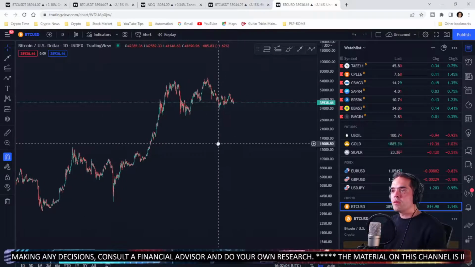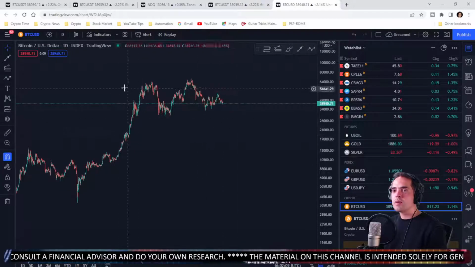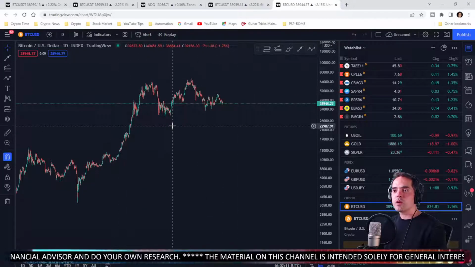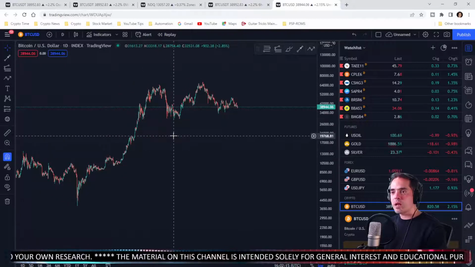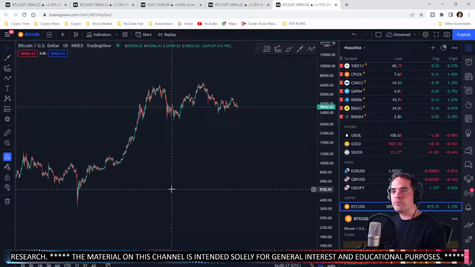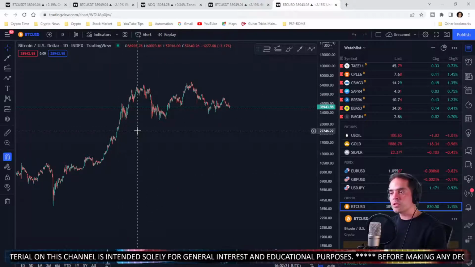So the first thing I want to show is how the tool looks like. You can find that tool for free in every single trading platform. I'm using TradingView. You can find that in a free version as well.